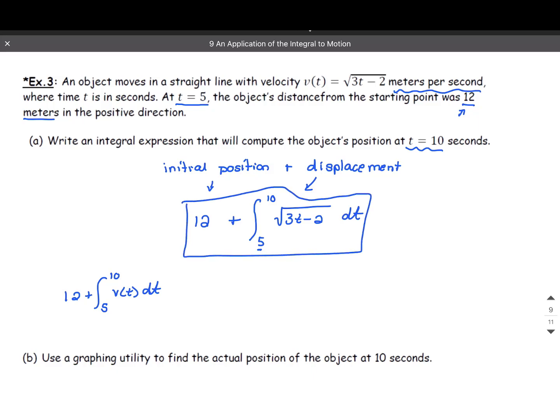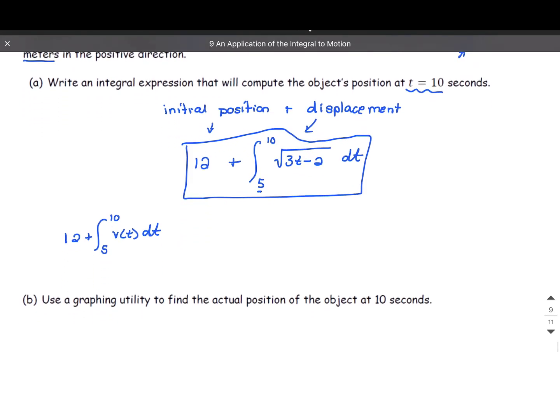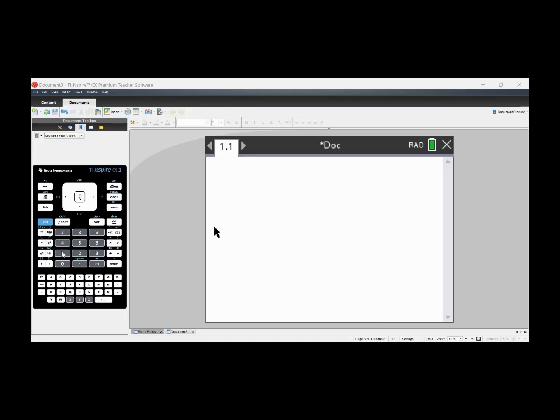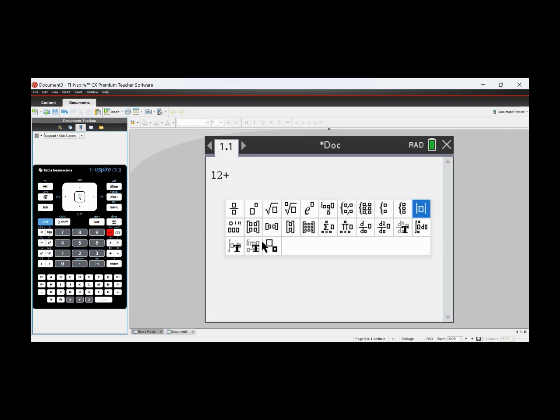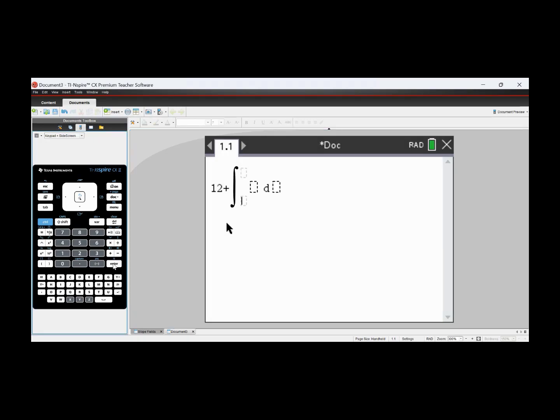Now part B is to use our calculator to actually find the value. So we're going to go to our calculator and type all of this in. Type 12 plus, go to your template key. We need the definite integral, choose that.